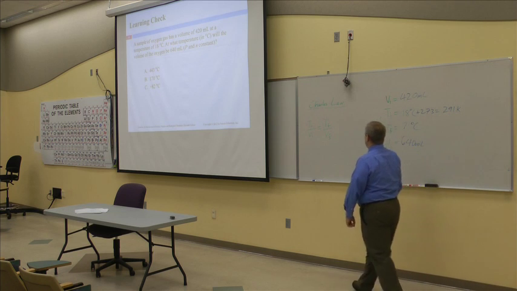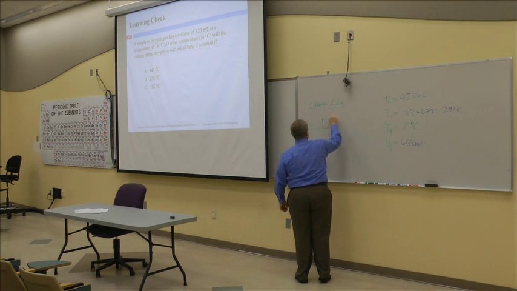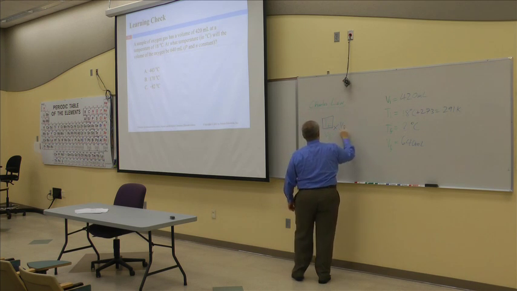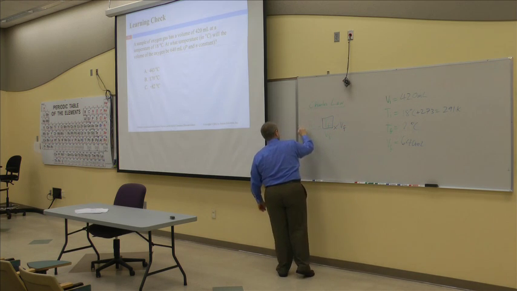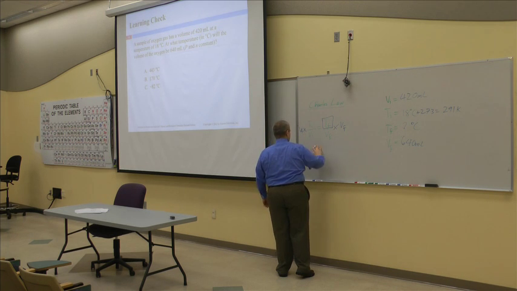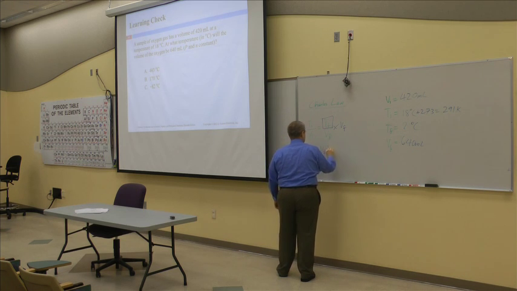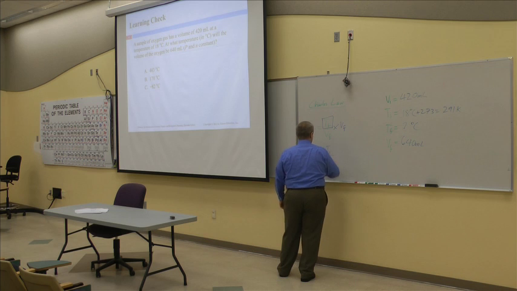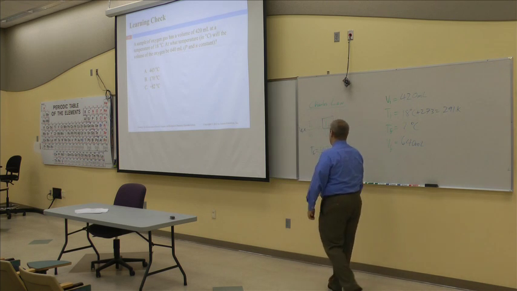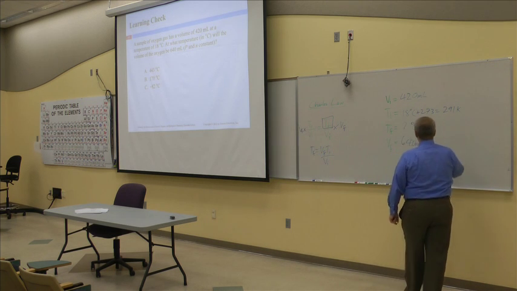So TF is my big question. So multiply both sides by VF. That will become, sorry, TF equals VF TI, all divided by VI. That's my formula, or my rearranged expression.